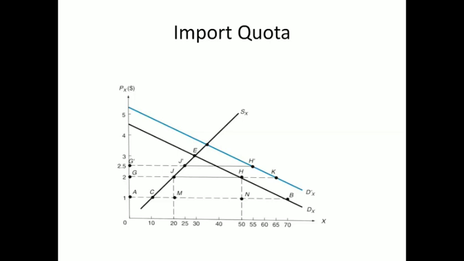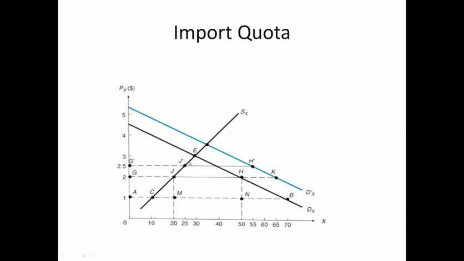In short, it's a direct quantitative restriction. All industrial nations use it to protect their agriculture, and developing nations use it to stimulate import substitution of manufactured products for balance of payment reasons. It means most of the countries are using this import quota for protectionist policies.